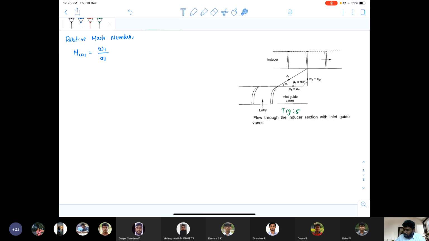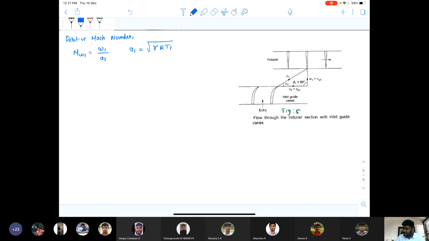Generally, for finding out Mach number, you will be using the velocity of the fluid, which is c. But in this case, we are using the relative system for finding out the Mach number. Therefore, we are replacing c1 with w1. This is the relative velocity of the fluid. The velocity of sound is given by an equation, which you just remember: A1 is equal to root of gamma r T1.